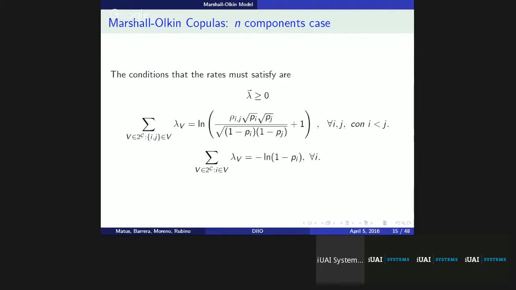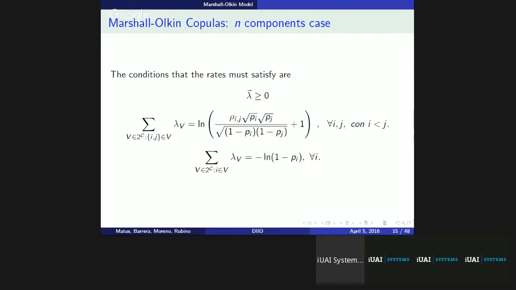I have on the order of 2 to the n variables. I have more variables than equations at that moment. And I have the condition that the rates must be positive. There are three options, obviously. I can have a unique solution, infinite solutions, or no solutions.